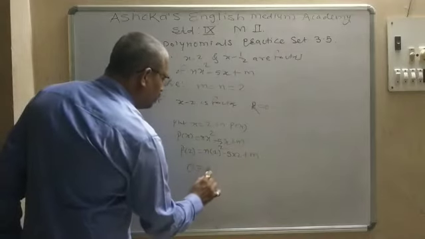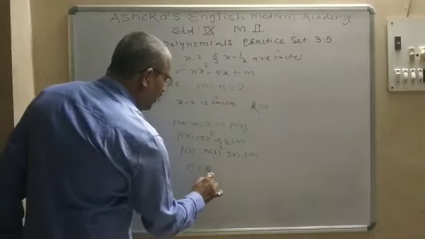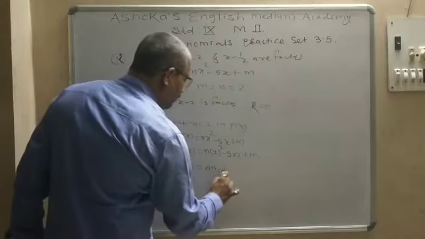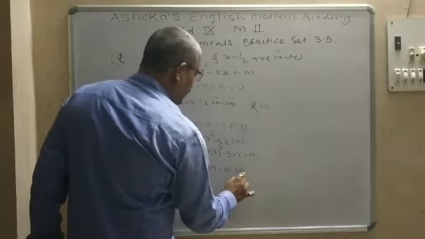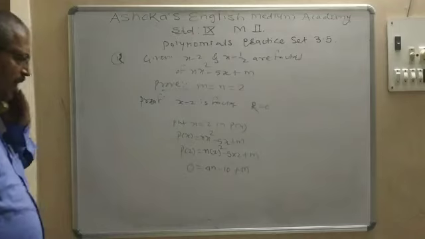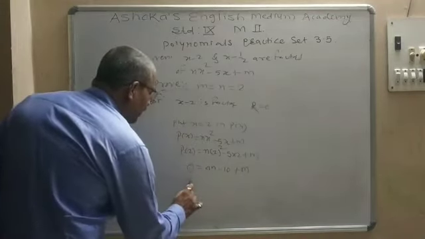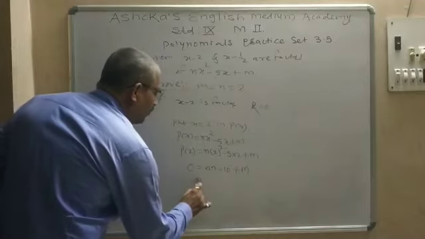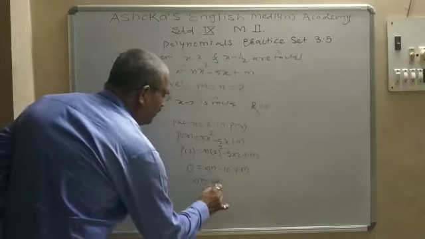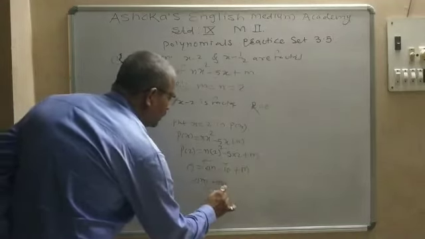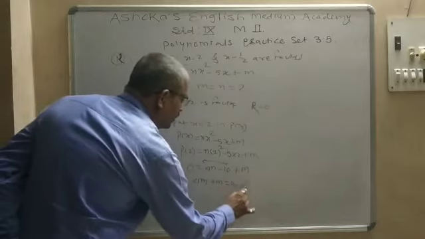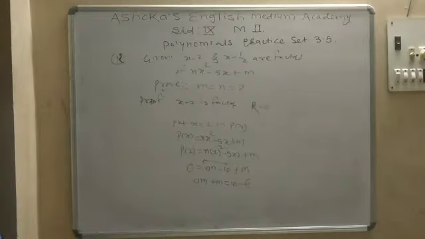Now 2 raised to 2 means 4n will come. Here 5 twos are 10, plus m. Okay. Now what happened? This 10 will come to this side, means 4n plus m. When this 10 goes to the opposite side, it becomes positive. This is equation number 1.